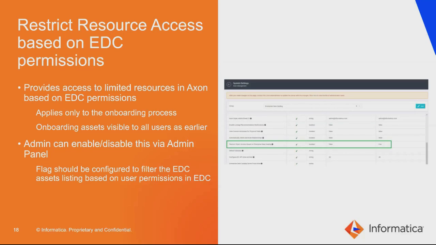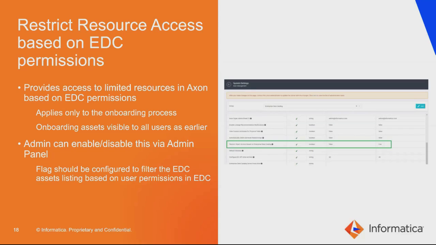So with this 7.1, we are giving you an option: if you enable it through an admin panel flag, we will apply the same access control that's applied to the user in EDC in Axon as well. So as a user, if I have access to only a handful of, say, 5 resources in EDC, I will be able to see only those 5 resources in Axon as well from the perspective of the onboarding exercise, right? So I can only onboard assets from EDC into Axon for those 5 resources.